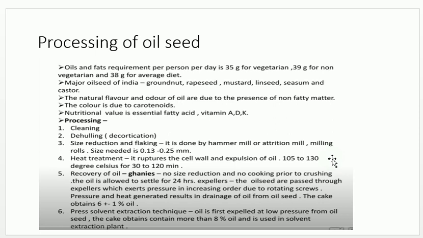Pressure and heat generated result in drainage of oil from oil seed. The cake obtained contains around 5 to 7% of oil. Cake is nothing but the leftover material of seed after extraction of oil.